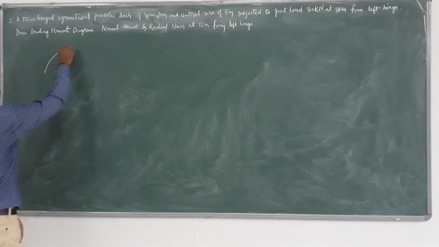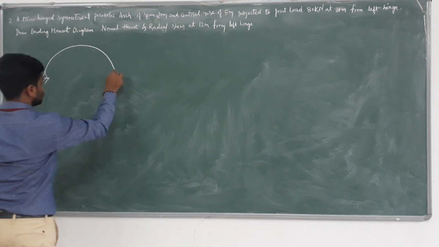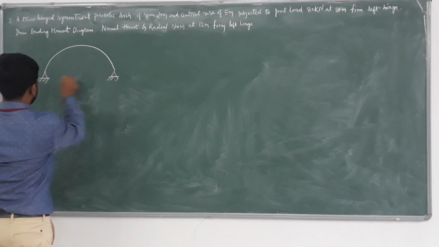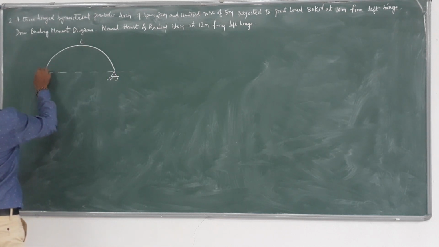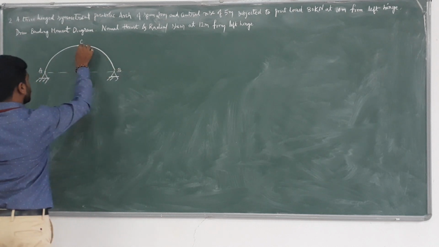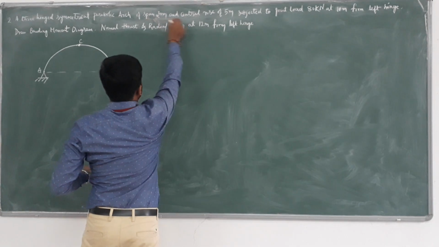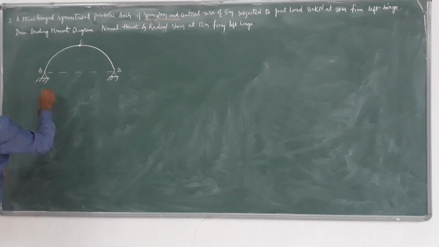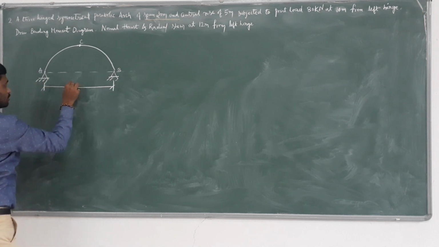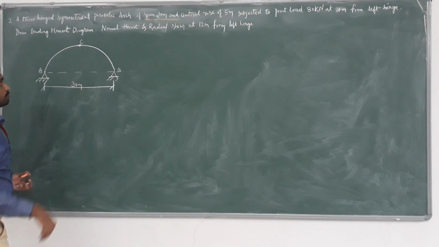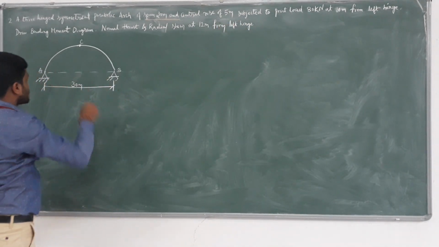So, a 3-hinged parabolic arch. It's a symmetrical 3-hinged parabolic arch, with the crown C and hinges A and B. It has a span of 30 meters, therefore the span A to B is 30 meters, and a central rise of 5 meters.